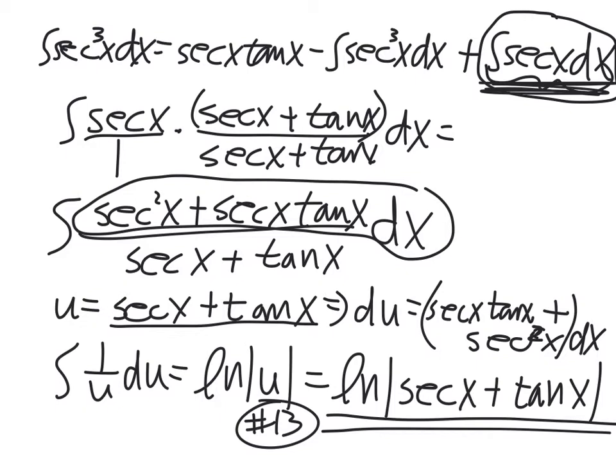Okay. Well, we still haven't gotten to the really confusing part. We're trying ultimately to integrate secant cubed x. And what we need to think about here is that this shows up another time on the right side of the equation.